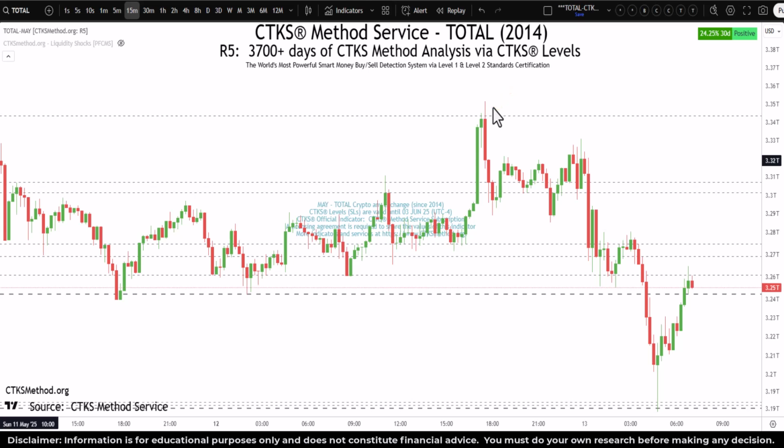If price can't get above a specific level of structure, it's called a structural fail, or an SF. If you get a structural failure, it creates negative structural attraction, or NSA, immediately at that point down to the lower structural levels.